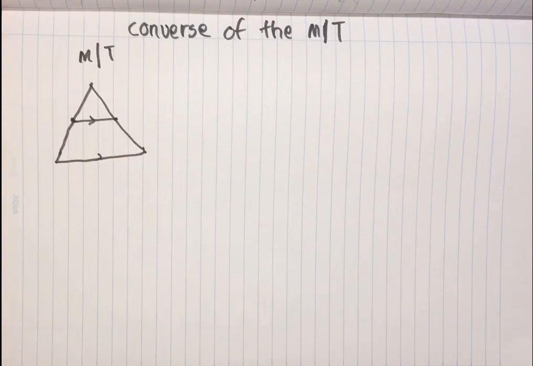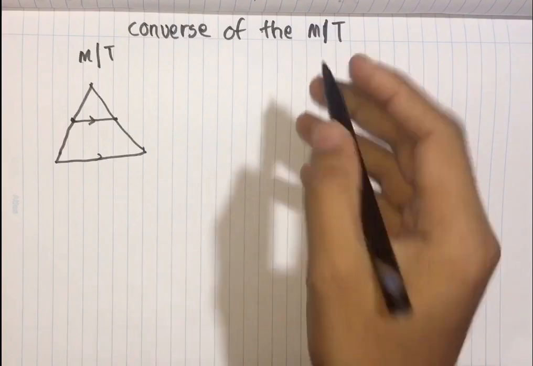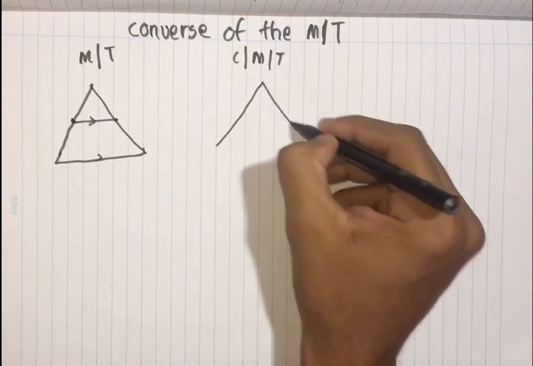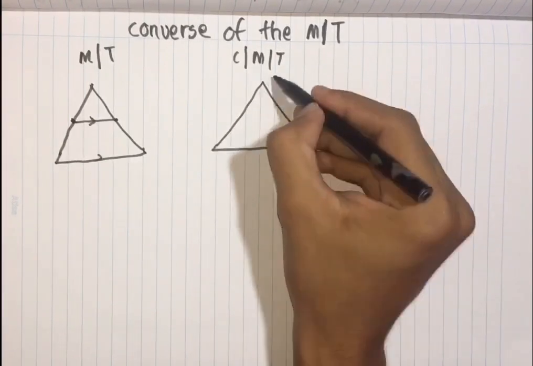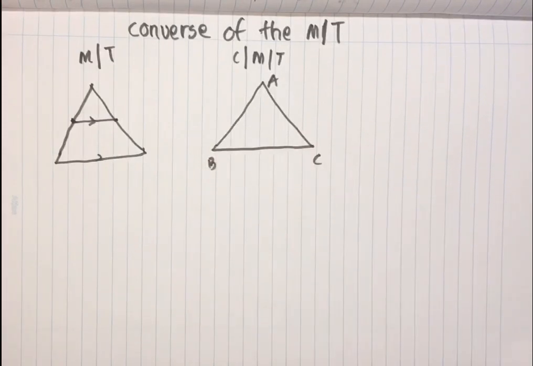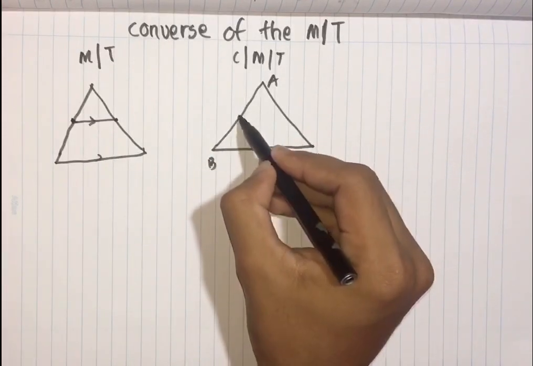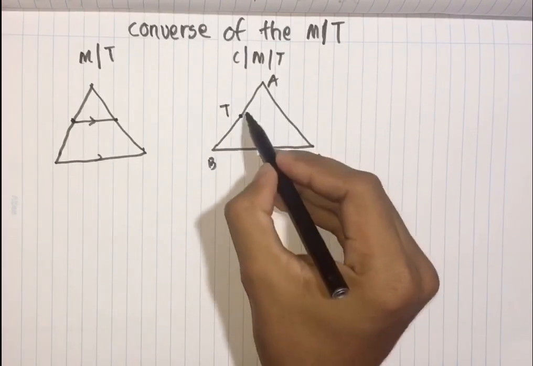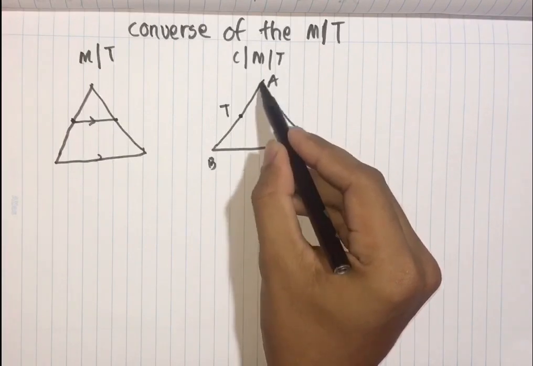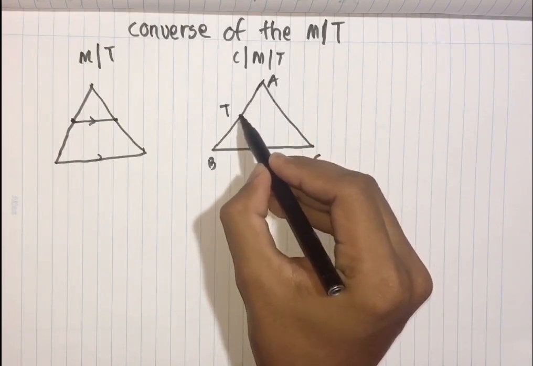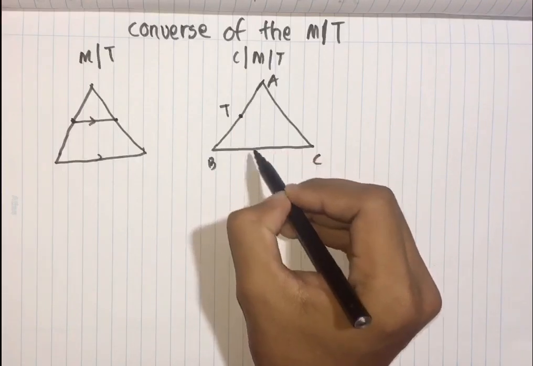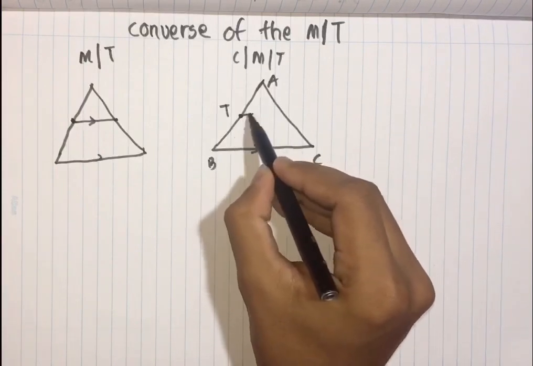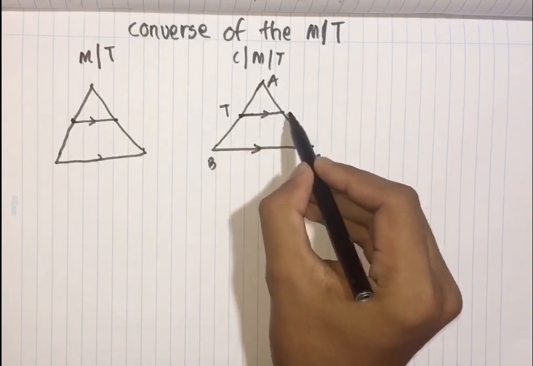Now here what we are going to study is the converse of the midpoint theorem. That is, if you take a triangle, let us name it ABC. Say you have only one midpoint, let us say T. Now if you draw a line from the midpoint of one side such that it is parallel to the third side, it is going to bisect the other side.